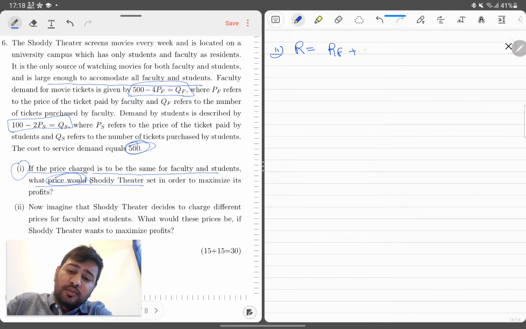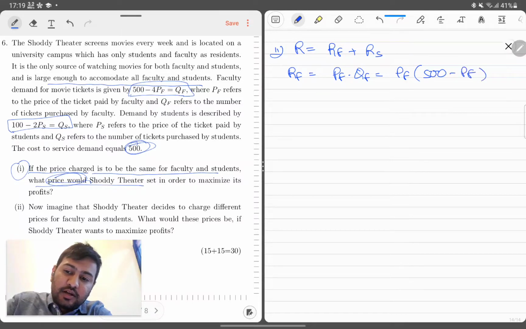It's revenue from faculty plus revenue from students. So it can individually maximize. What is revenue from faculty? Revenue from faculty is equal to price faculty into quantity faculty. So that's going to be price faculty into 500 minus price faculty.